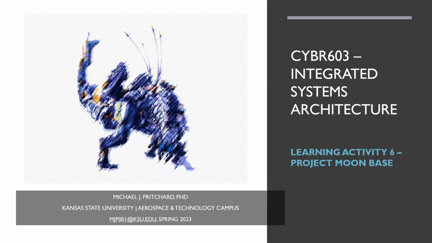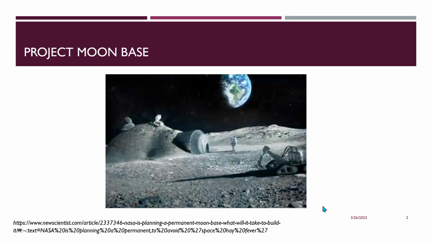In this case, we're working toward the creation of a moon base. And I love using the moon base because there's a lot of moving parts and it gives us a lot to work with.